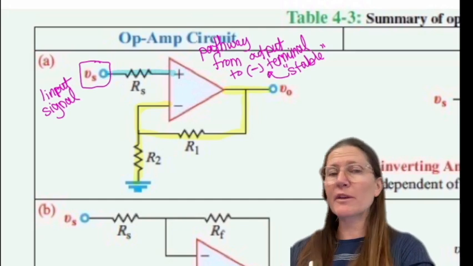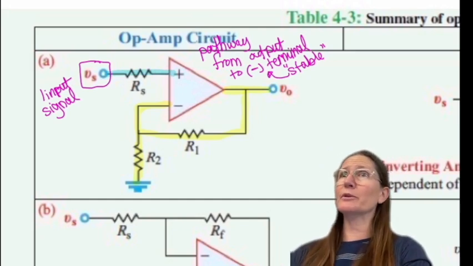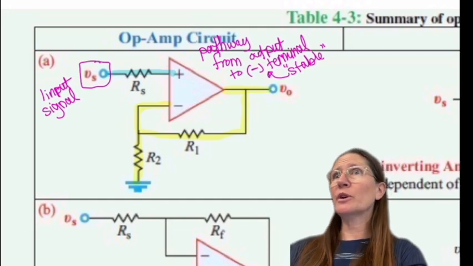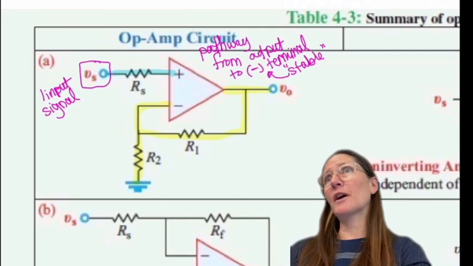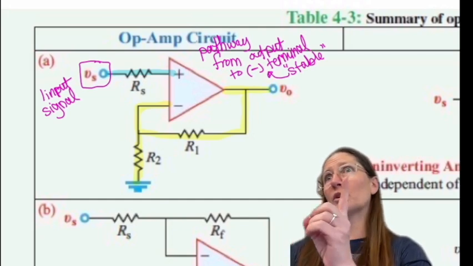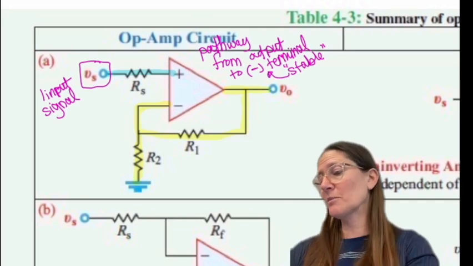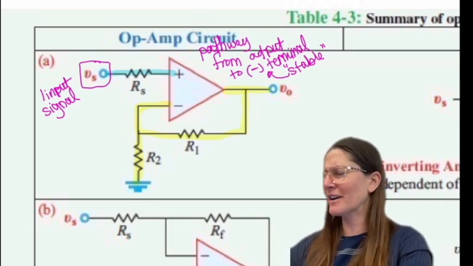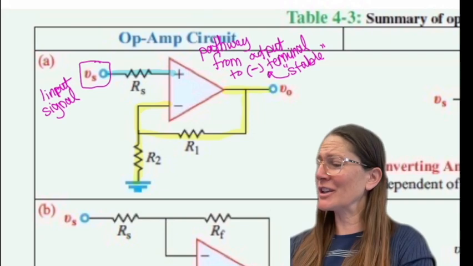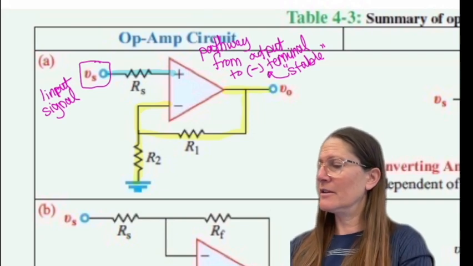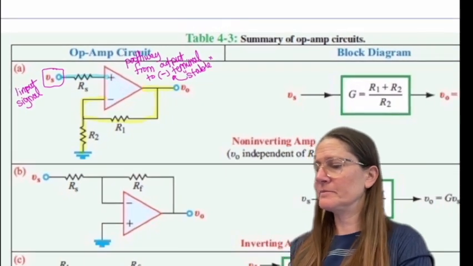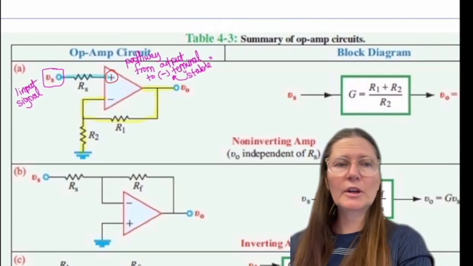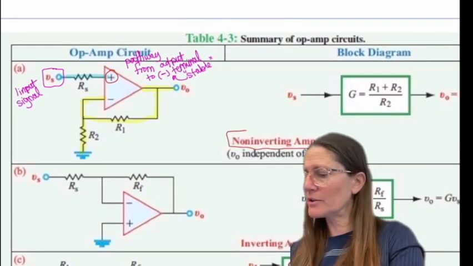So following that pathway, it goes into the positive terminal. So this one is going to be an inverting amplifier. So it has the one input and it comes into the positive side. Or sorry, non-inverting. I did say inverting. Non-inverting input. So non-inverting amp is this one. So it goes into the positive, and it's a non-inverting amp.